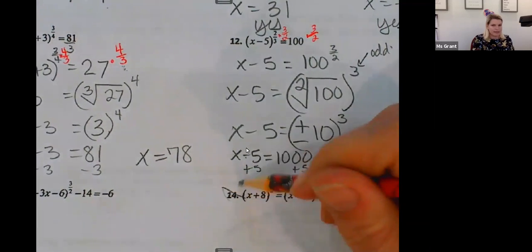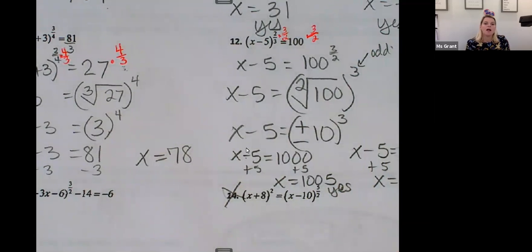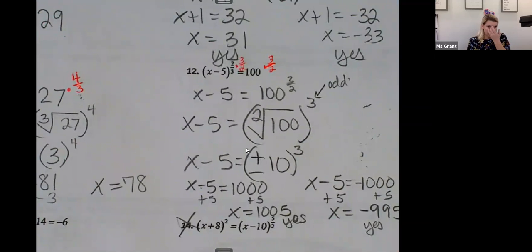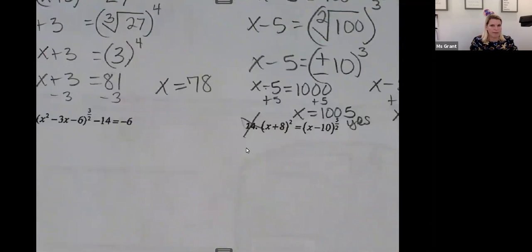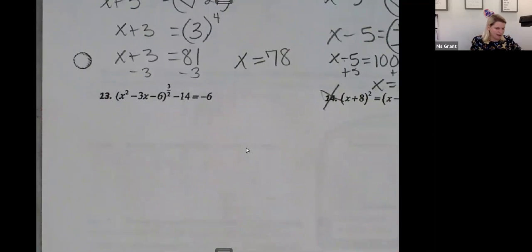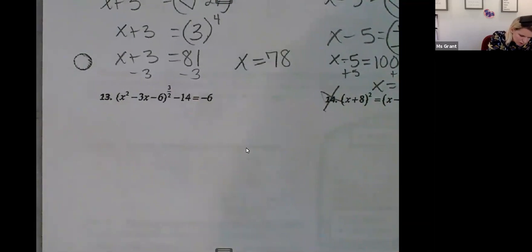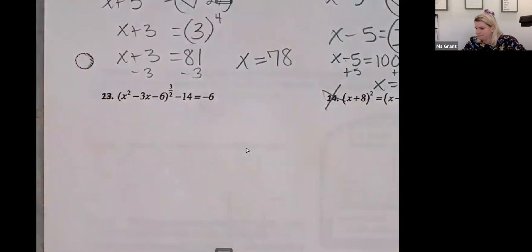I'm not doing 14. Our last problem is number 13. And you need to get rid of everything first. There's just the 14 in the way. So I'm going to get rid of that 14 right off the bat. What do I do?